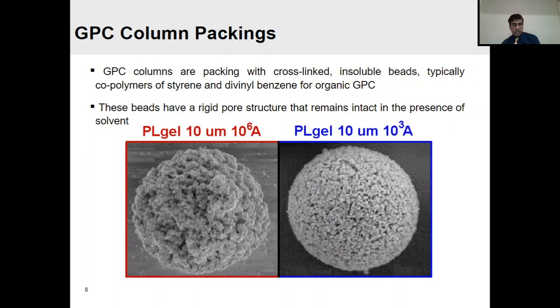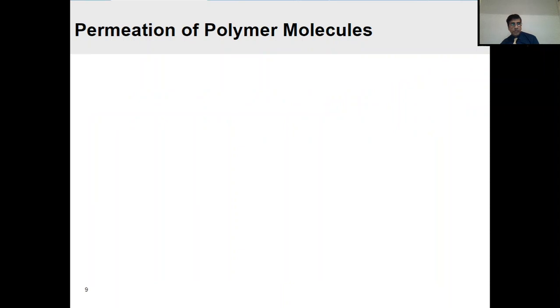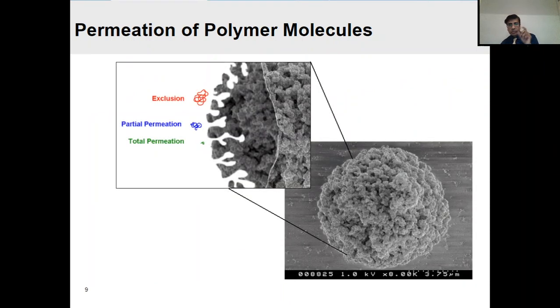So look at this structure. These are two commercial beads, cross-linked polystyrene with different pore sizes. This one has a bigger pore size. On the right, you have a smaller pore size, and these are responsible for permeating the different polymer chains. If we talk about the permeation of the polymer molecules, I can show you, look at the left.